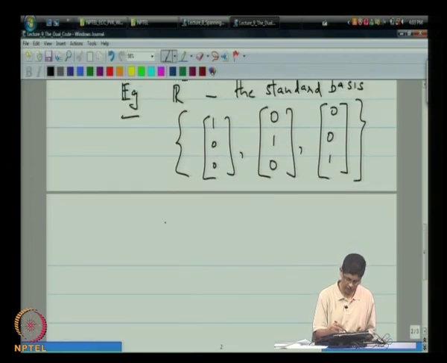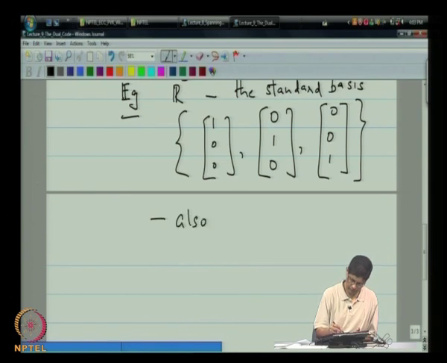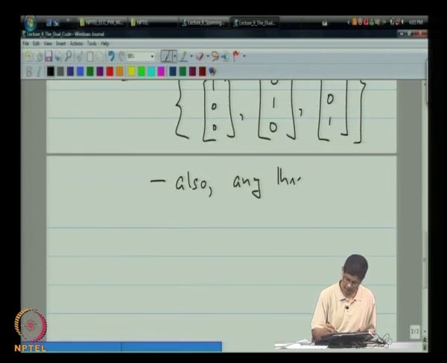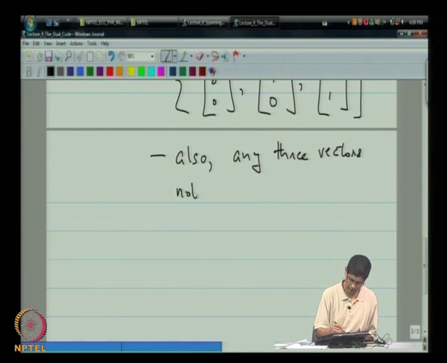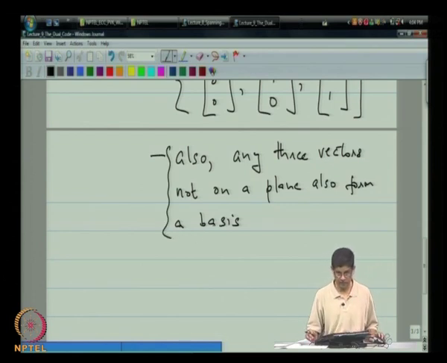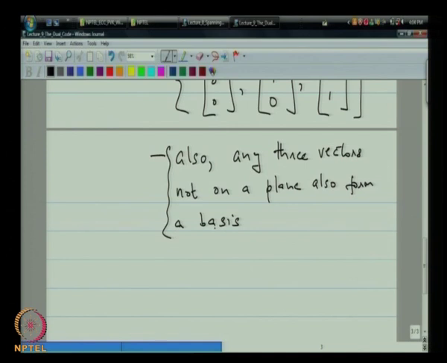But we also pointed out that any 3 vectors not on a plane also form a basis. Which goes to suggest that a basis is far from being unique.